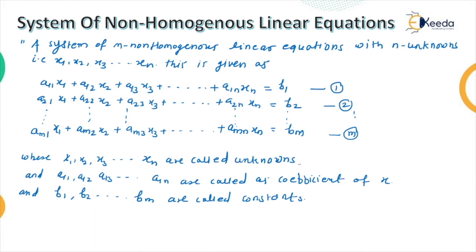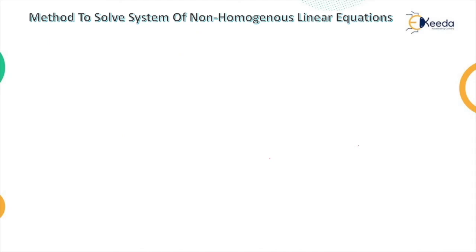You have to observe that this is a system of non-homogeneous linear equations. Now we think about how to solve it. The method to solve a system of non-homogeneous linear equations involves some steps.